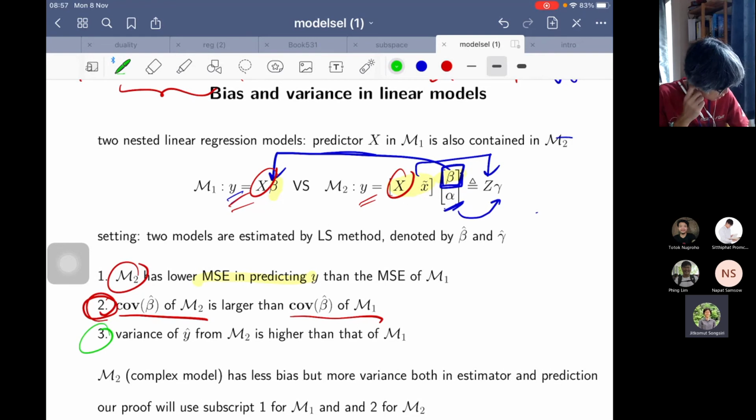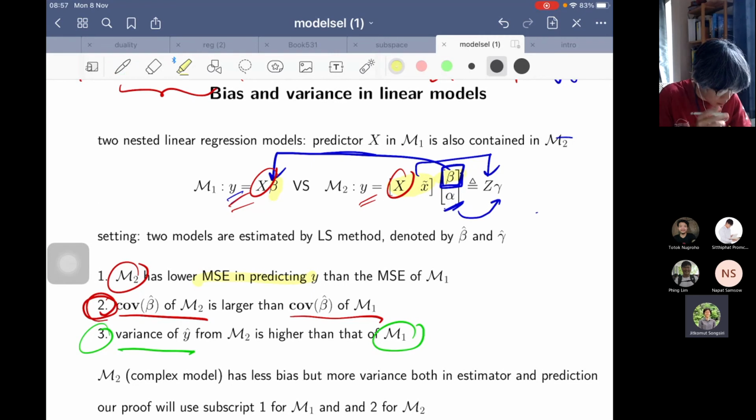The third bullet, all right. Even though M2 can have lower MSE in predicting Y, the variance of Y hat from M2 is higher than the variance of Y hat from M1. Number 2 and number 3 differ in this matter: number 2 measures the variance of the beta hat estimator, and number 3 measures the variance in the prediction.